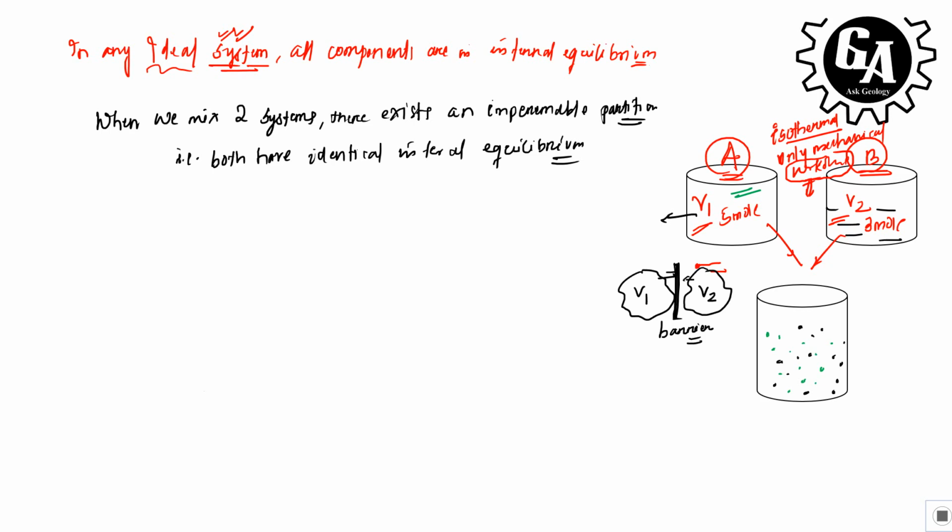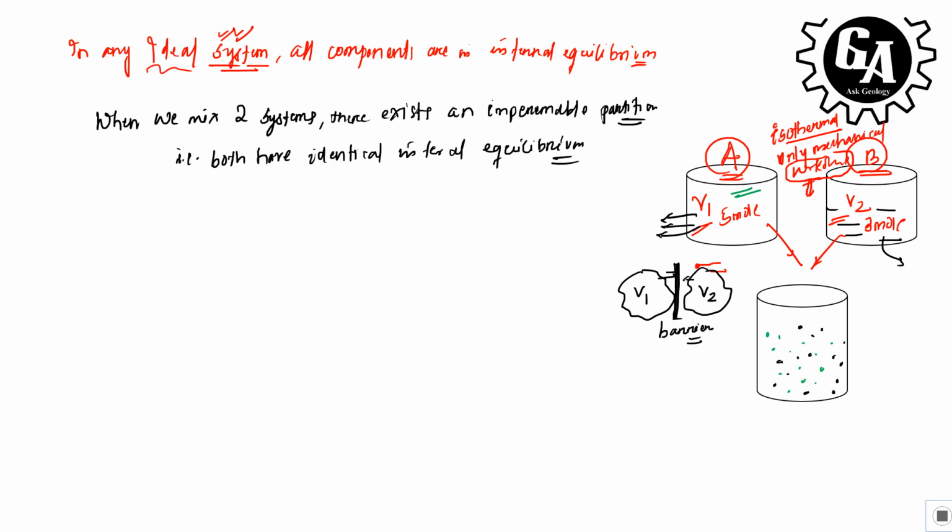For example, if I am containing hydrogen here, and in this case oxygen, hydrogen is very light, so its internal equilibrium condition will be different compared to the internal equilibrium condition maintained in B, where oxygen is present.